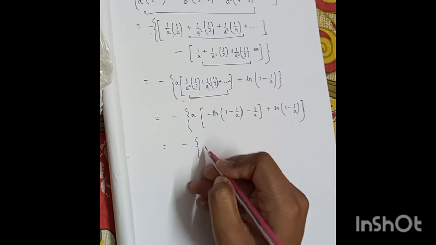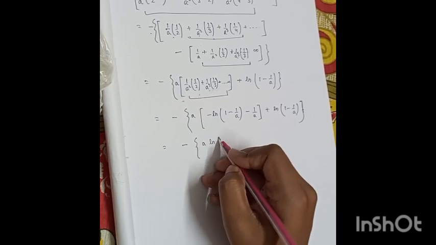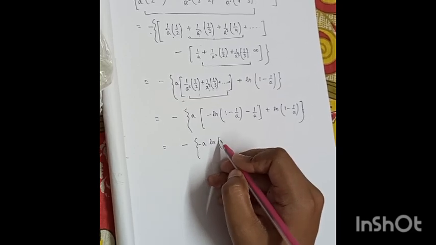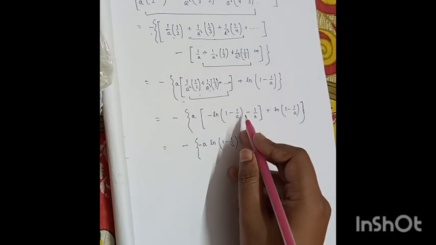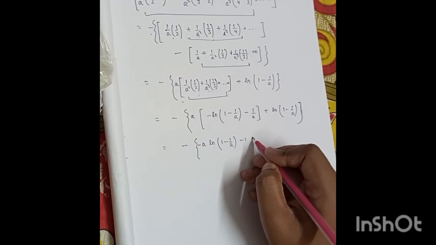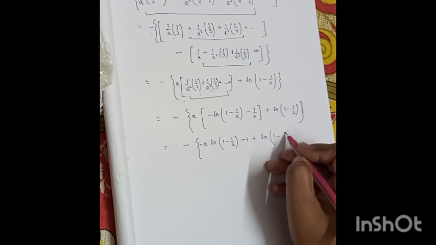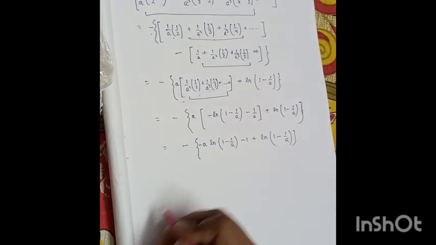So this will be equal to minus a log, so again a minus sign here, and then a into 1 by a will be 1, plus log 1 minus 1 by a.